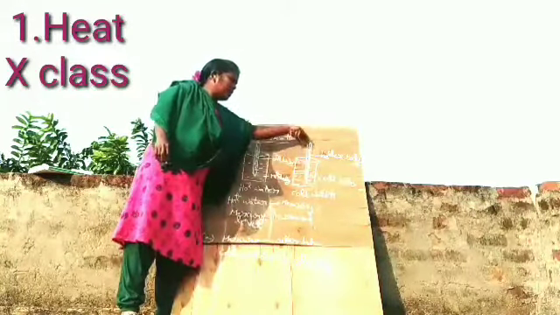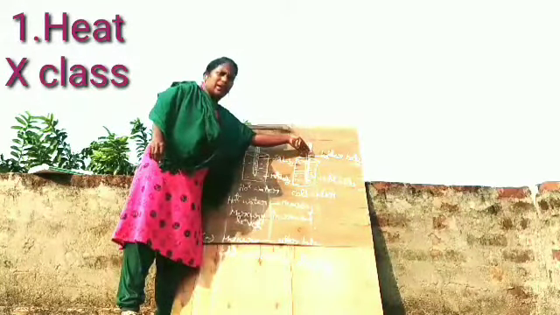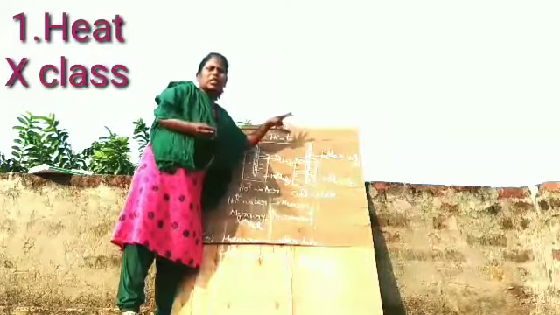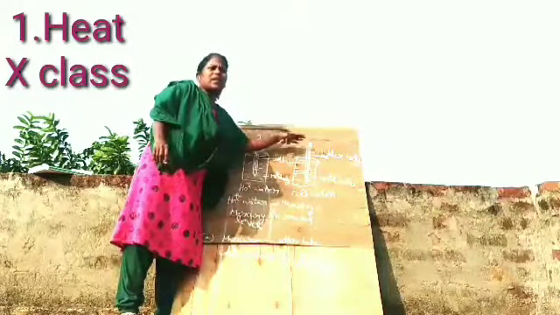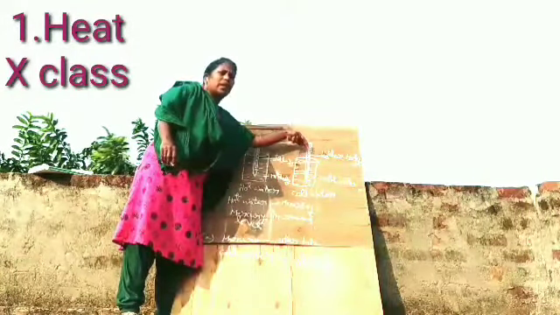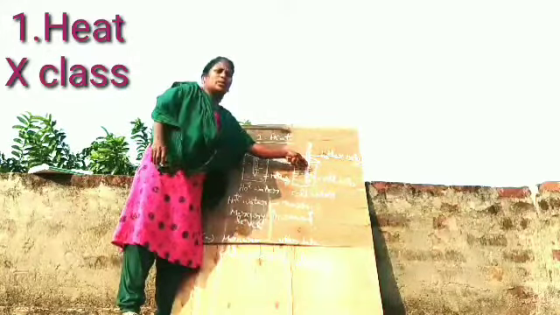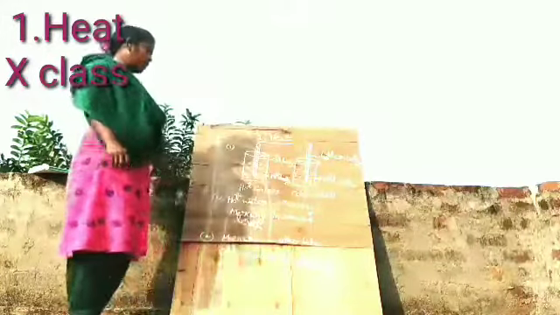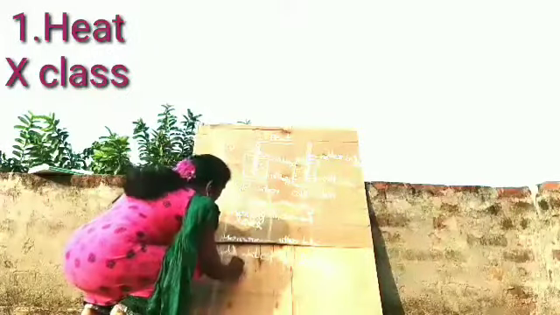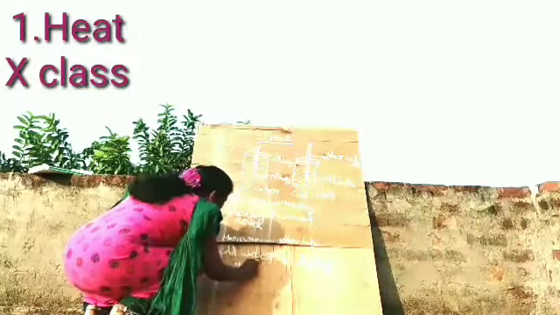Remember it. The mercury loses its heat energy; it gives its heat energy to the cold water. That's why the level of the mercury is decreased. Remember this: the mercury level is decreased.